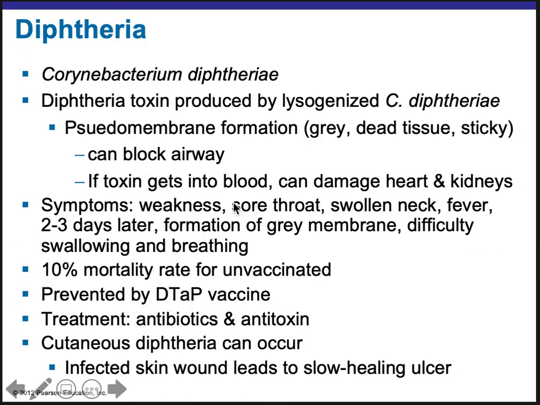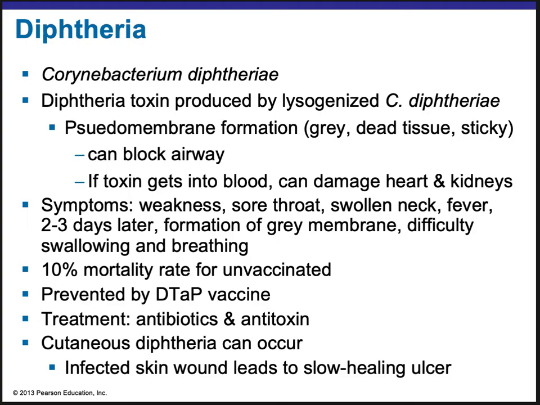Okay, so diphtheria, just like we saw with scarlet fever, diphtheria toxin is produced from the DNA of a virus that infected the bacteria. So we call it lysogenized bacteria, the bacteria that has viral DNA in it. And so that is what produces this toxin.